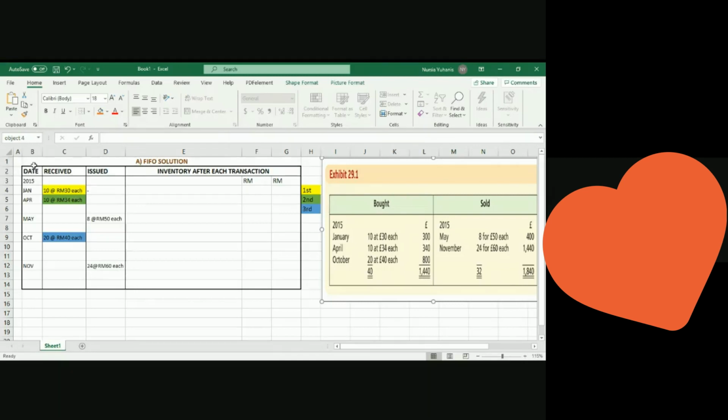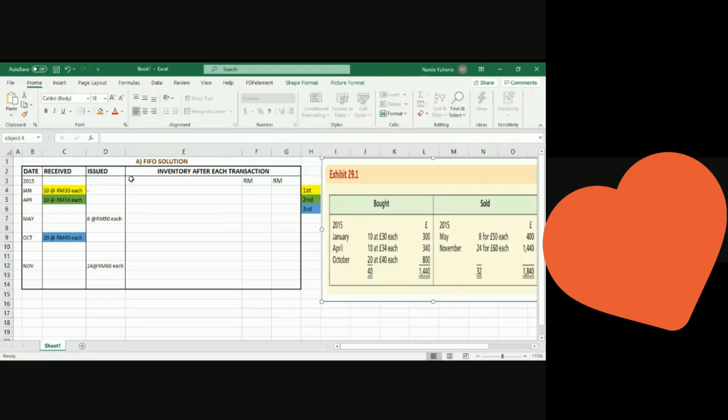Okay, so now this is our calculation. I prepared one column for day, and one column for receive. Receive is the same as bought: whatever you purchase, it means you receive the materials. This will increase your materials in your company. Then one column is issued, which refers to your sales, the ones you sold.